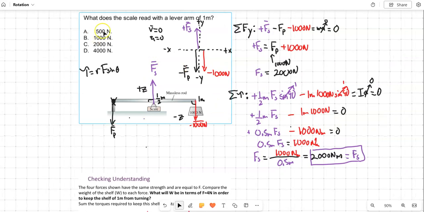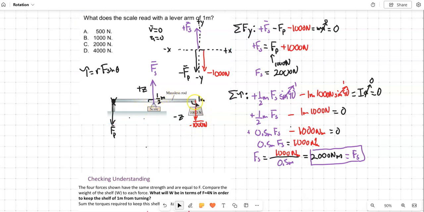Most of us would choose that this reading is going to be 1,000 or 500. It's rare when we think it's going to be heavy. This force up is going to read a heavier force than this force over here. But when you think about it, this force is 1,000 newtons and it's at the 1 meter mark.